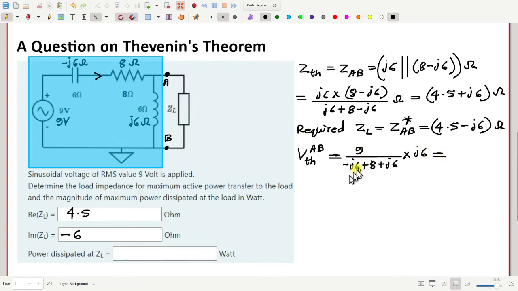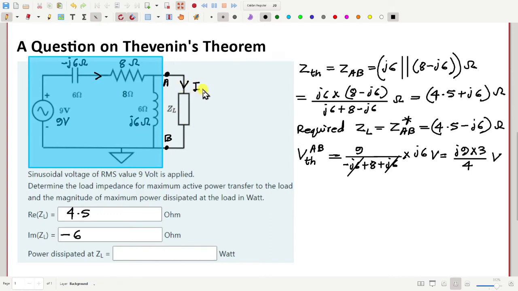Here these two terms cancel, and we have J9 into 3 by 4 volt. That's the Thevenin voltage.